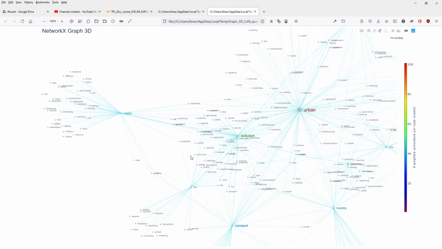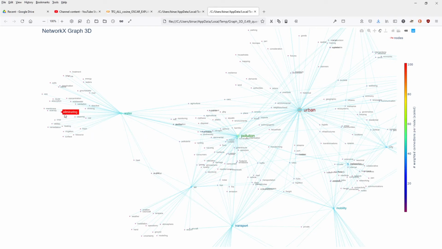And a very nice aspect of this, and I want to show this here, is we take a word like, I don't know, irrigation. Irrigation here, of course, is within the vicinity of water. And let's say we have pollution, and you see that irrigation and pollution currently have no direct link between those words.